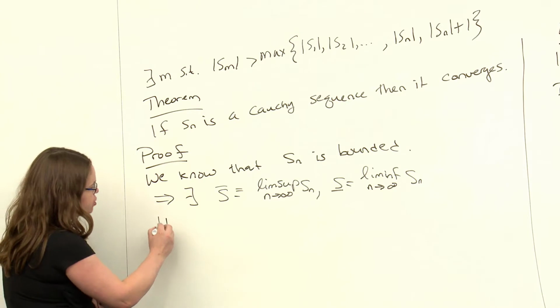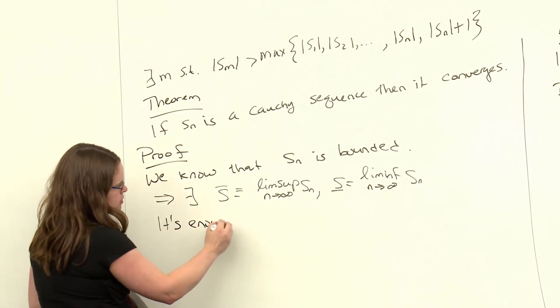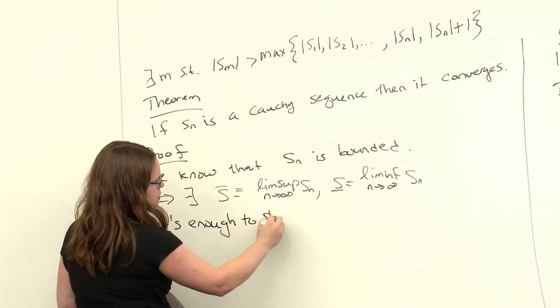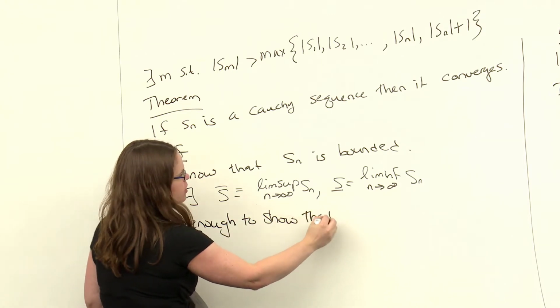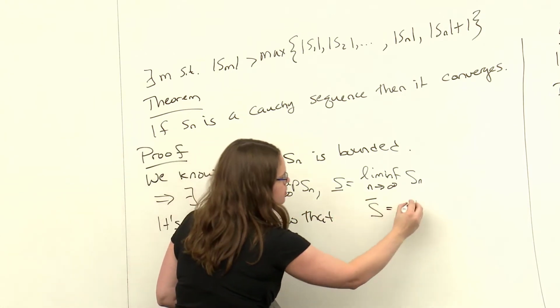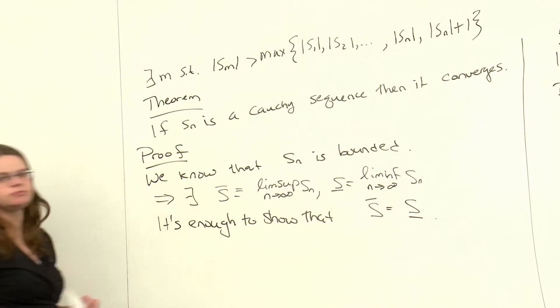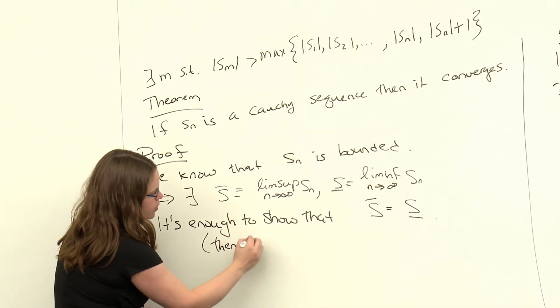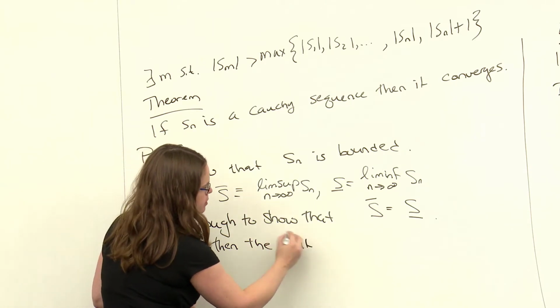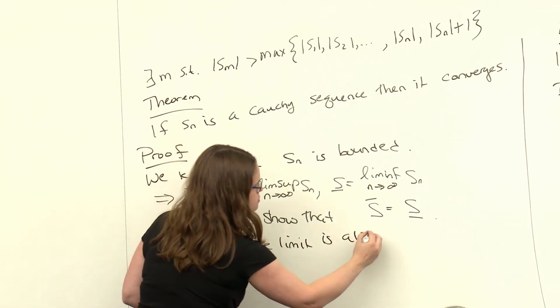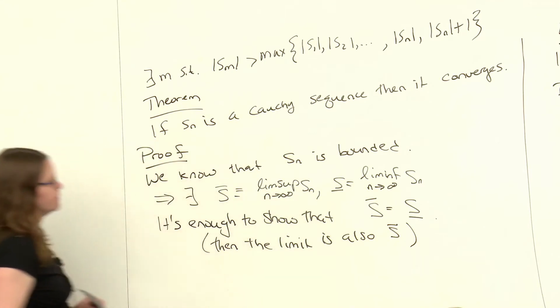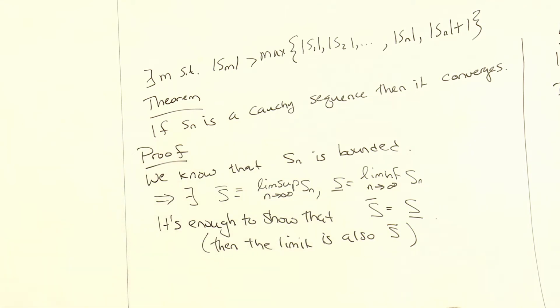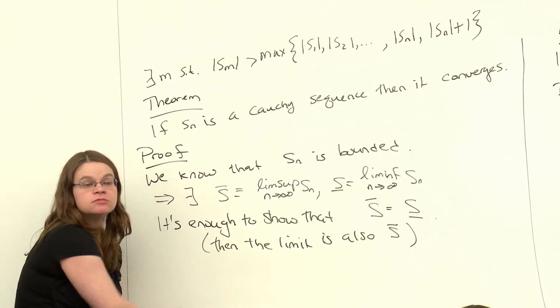So it's enough to show that these guys are equal to each other. Okay, and then the limit would also be S bar. So that's what I'm going to do. I'm going to try to look at the difference between these two things and show that it has to be 0.